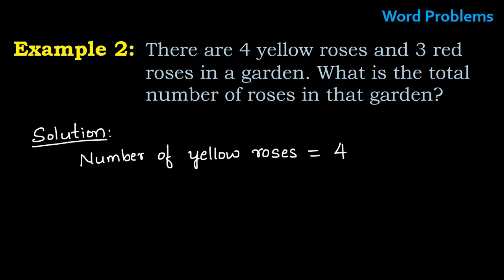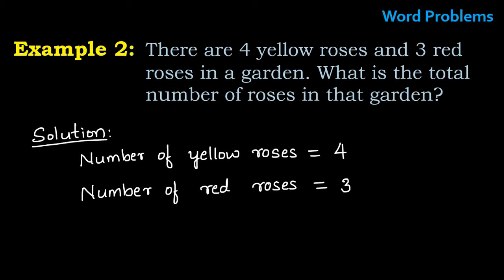There are 4 yellow roses. And the number of red roses is equal to 3. There are 3 red roses.